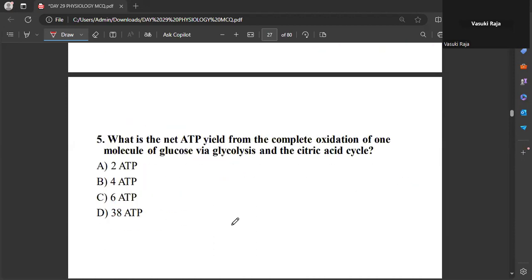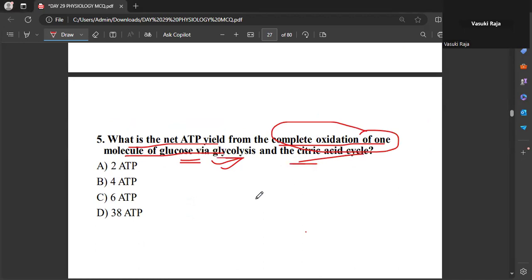Right. What is the net ATP yield from the complete oxidation of 1 molecule of glucose via glycolysis and the citric acid cycle? Here, the question is asking about glycolysis and citric acid cycle, not entirely the cellular respiration.